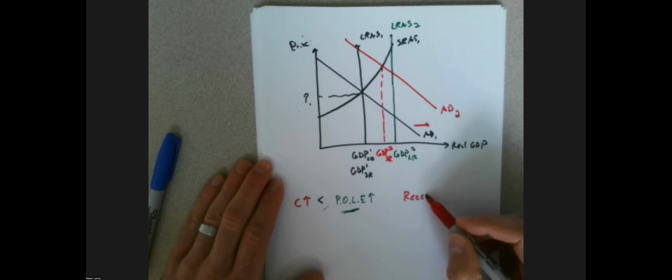But if this effect is larger, my long run GDP is now going to be greater than my short run GDP. So what do we now have existing? Well, if GDP is too low, we've got a recessionary gap.